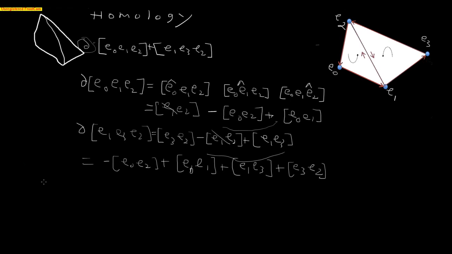And so let's see what happens if we take the boundary of the boundary. Now basically do the same thing. We will drop the first one, and so we have a minus sign, so look at the first term. We drop E0, we get E2. Just like before, there should be a minus sign on the second one. We drop E2, we get E0.